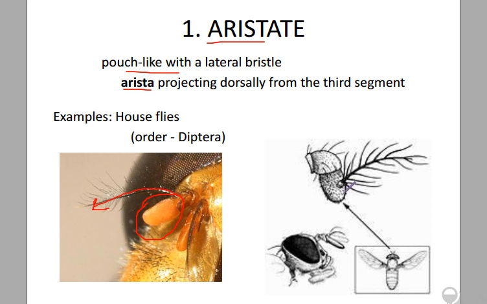This is the basal segment, first segment, second segment, and this one is the third segment, and the arista is projected from the third segment. This aristate type is present in house flies, which belong to order Diptera. So this is the first type of modification.